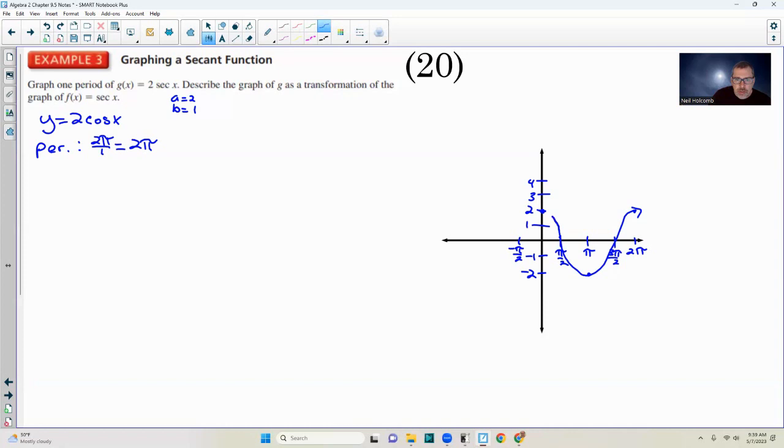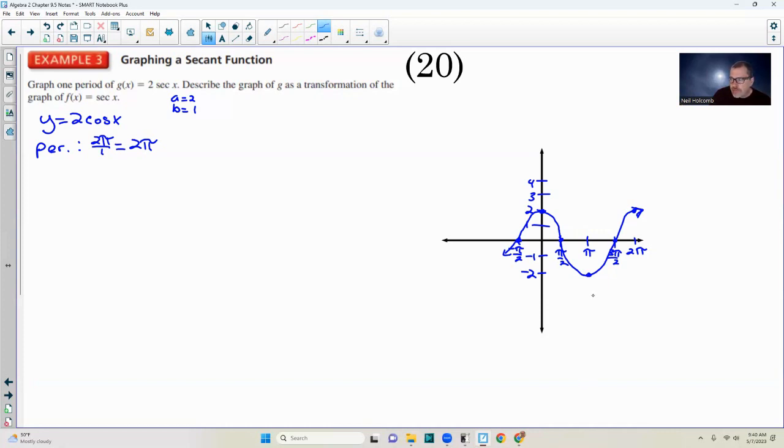So it's going to come up like so. Curve, turn, come back down, and continue in that fashion. So it's here, it's here. It's 0 at pi over 2. It's -2 at pi, and it's 0 at 3 pi over 2. Okay, all coming from the unit circle, by the way. So there is the cosine of 2 pi.